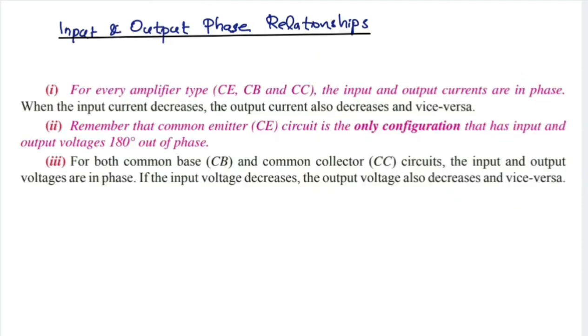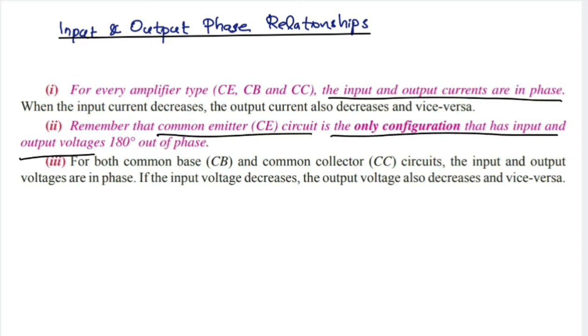But you can see that there is no phase reversal in the case of common base and common collector configuration. So in all three types of configuration, you have to carefully think that the currents have no phase reversal. That means input and output currents are in phase. But in the case of voltages, common emitter circuit is the only configuration that has input and output voltages 180 degrees out of phase.